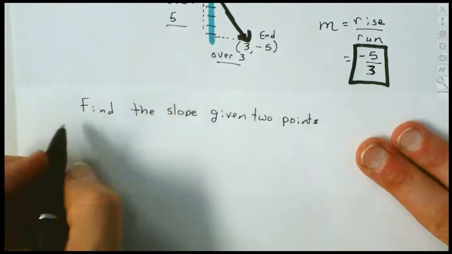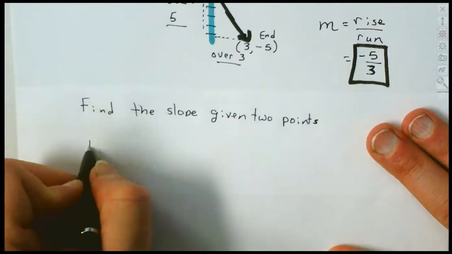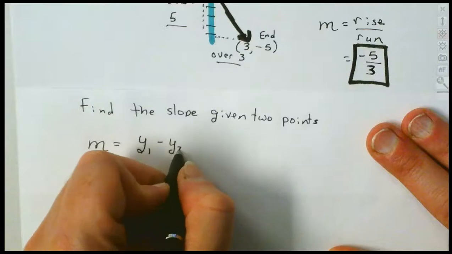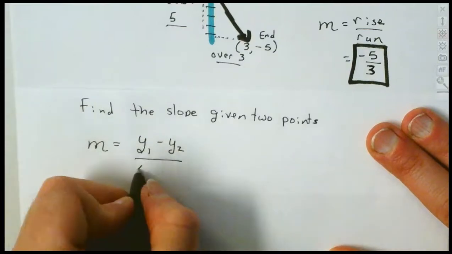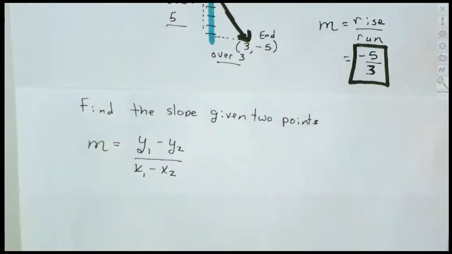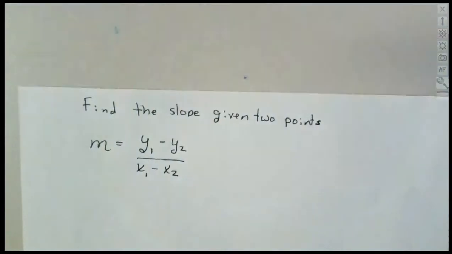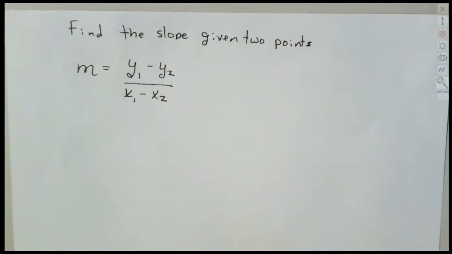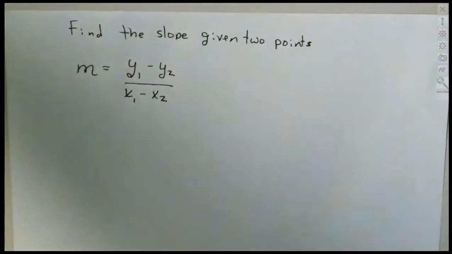What we do is we use this formula, m equals y1 minus y2 over x1 minus x2. So that is going to be our formula. So if you're given 2 points, you can use this formula to find the slope.